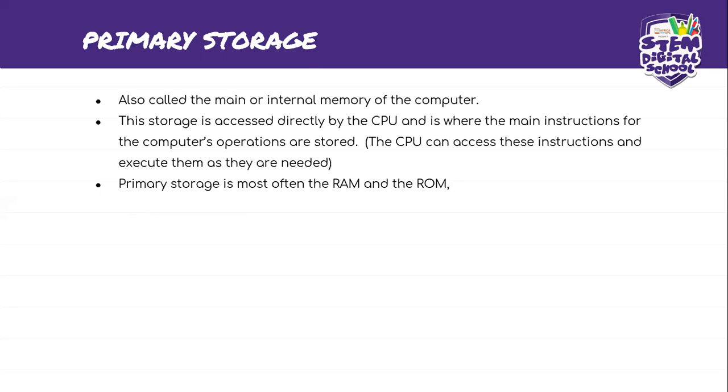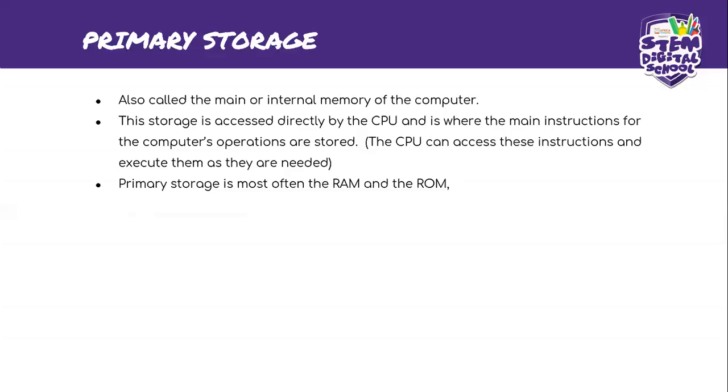So every time you are working on something, you are using your computer, and this is where you find the primary storage. The main instructions of the computer are stored here.